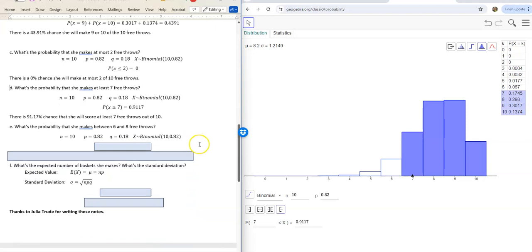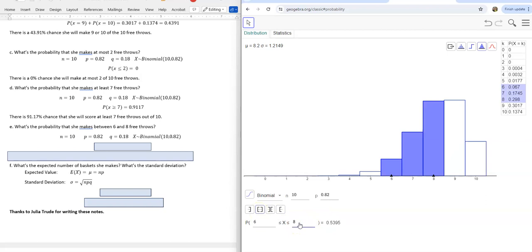All right, moving on, what's the probability that she makes between 6 and 8 free throws? This is all out of 10, given that she's going to do 10. Again, we're using the same model every time. We're going to look at in between, and what we're interested in is 6. We're using this button right here because we're in between 2 values, 6 and 8. And you can look at the graph and see they're looking at 6, 7, and 8.